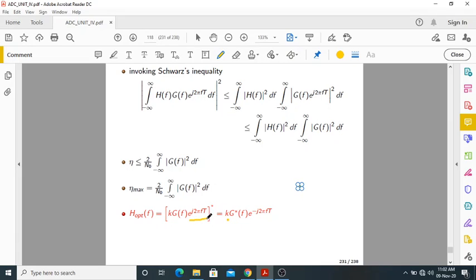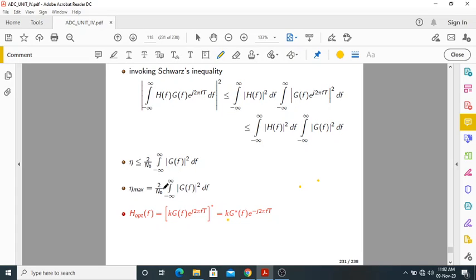What is the conjugate of e power j 2 pi f T? It is e power minus j 2 pi f T. This is the optimum frequency response of the filter. Please understand the logic. If it is so, you get the maximum SNR, which is 2 by N naught integration of |G(f)| whole square df.